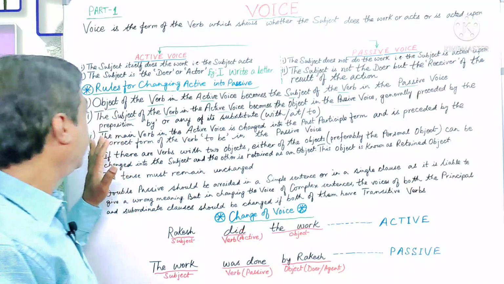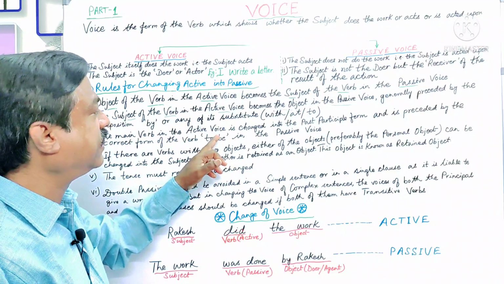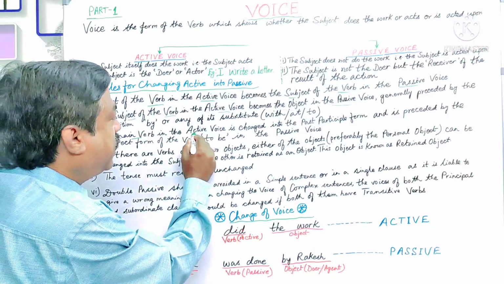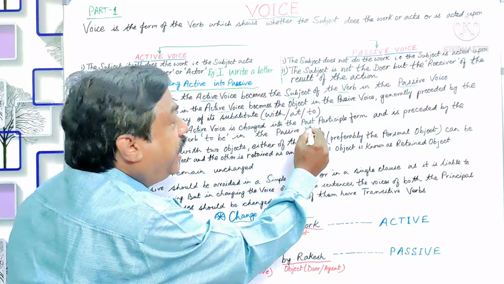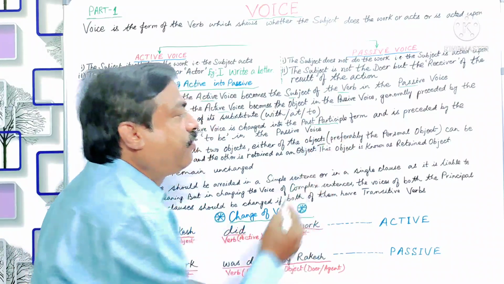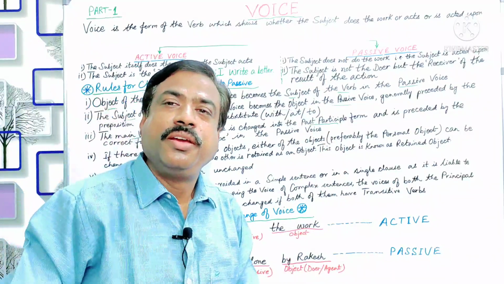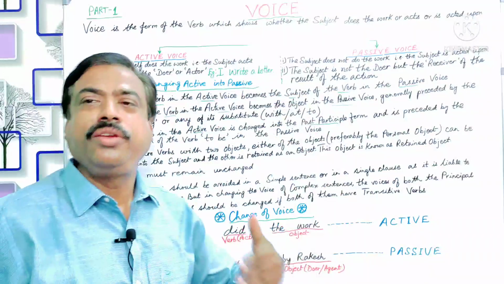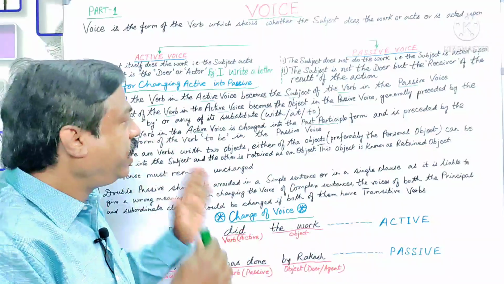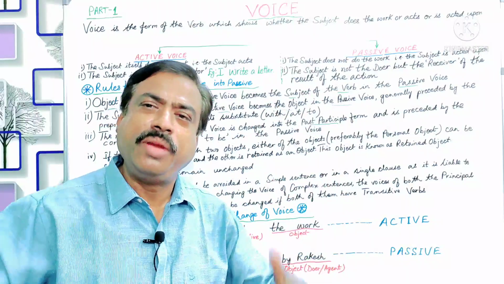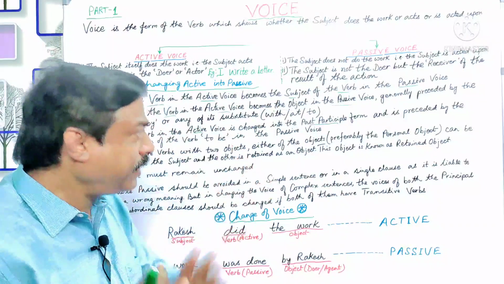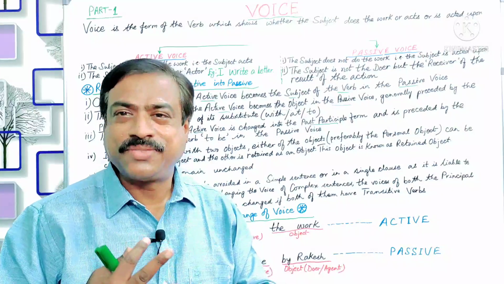The third one is that the main verb in the active voice is changed into the past participle form. You have to be very sure about it, that when we learn voice, we use this past participle form every time, because we cannot use the present form, we cannot use the past form.